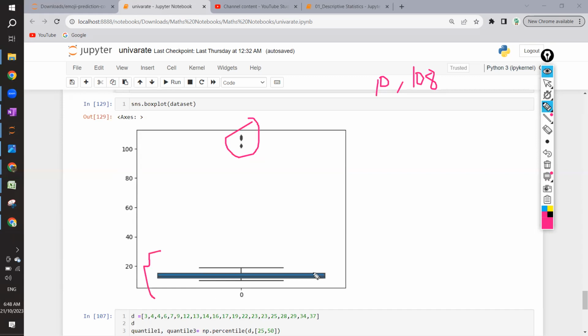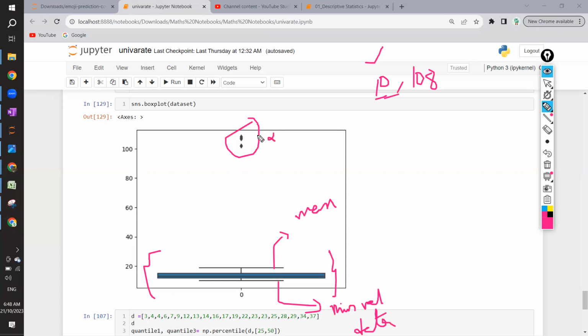In the lower side, if there are no outliers, you cannot see any bubbles over here, right? So that means this whisker should represent the minimum value from the data set, which should be 10. Agree? But in the upper side, if outliers are not present, obviously this whisker will be the maximum value from the given data set.